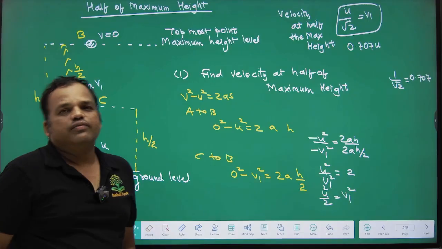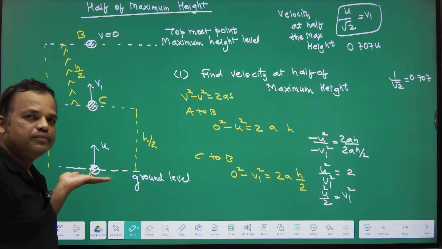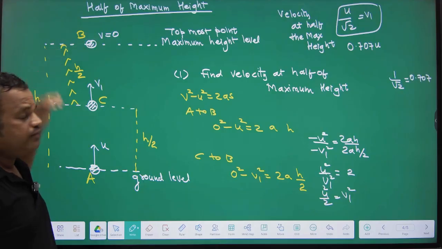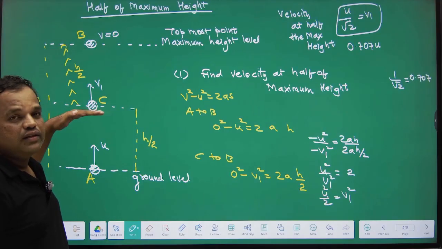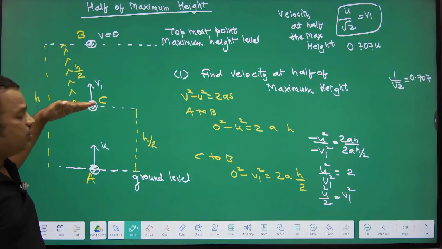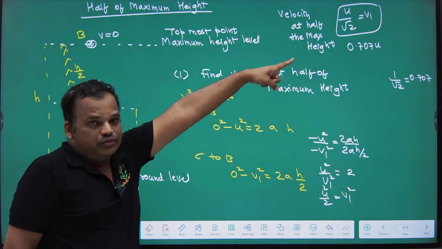So if somebody is saying, if ball is thrown with velocity u, it is reaching the topmost point at B, so at half the maximum height, the velocity will be half of u, that is wrong. It is not half. Velocity is not u by 2. The velocity is u by root 2. Remember.